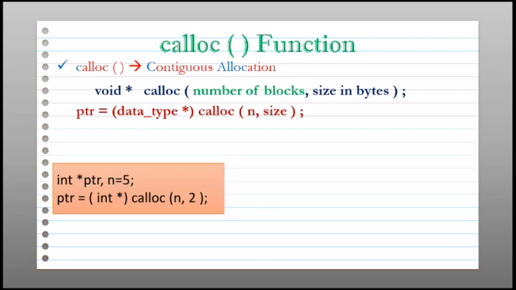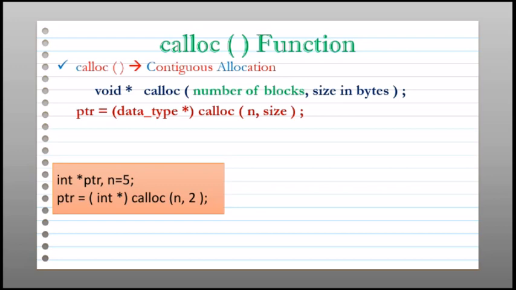We have written n comma 2 in the brackets. That means calloc will allocate 5 blocks. Each block will reserve 2 bytes in memory. So a total of 10 bytes. Here calloc will return 10 bytes which is of type void.